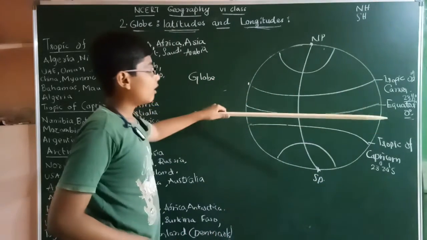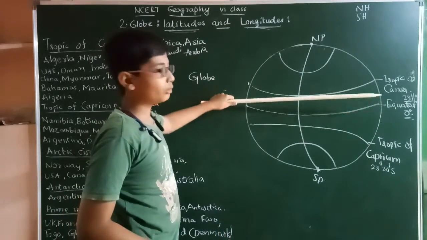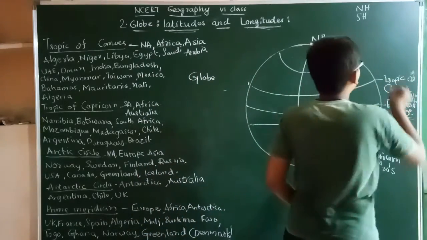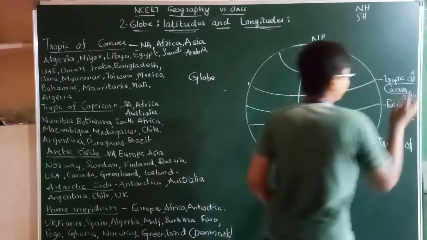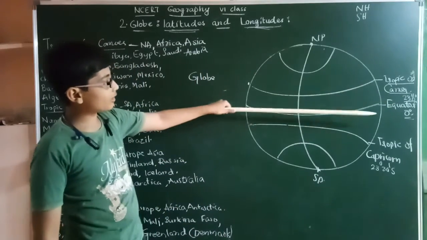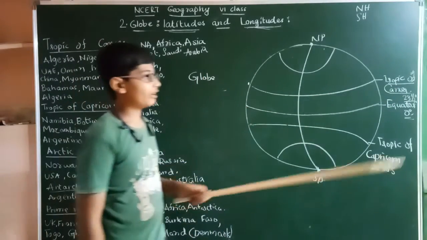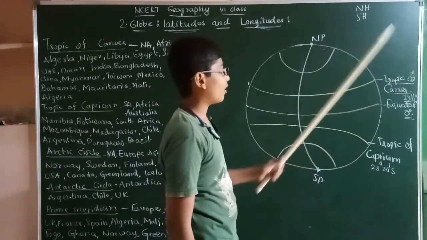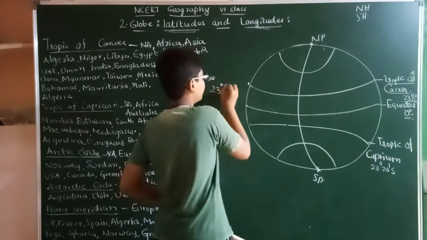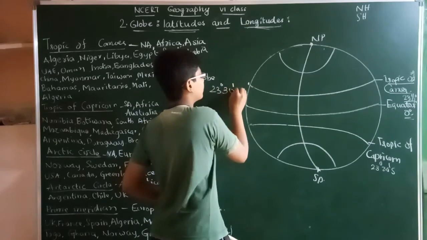Now, north of the Equator, we see the Tropic of Cancer, which is 23.5 degrees north. Why north? Because it is north of the Equator. We denote this as 23 degrees 30 minutes north.